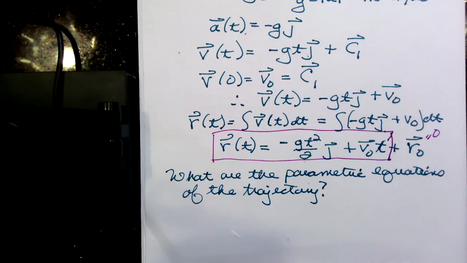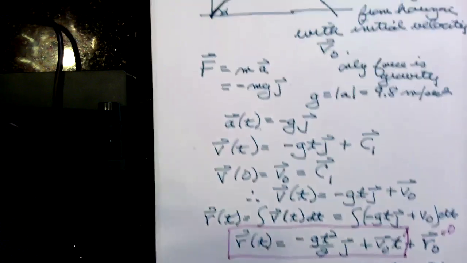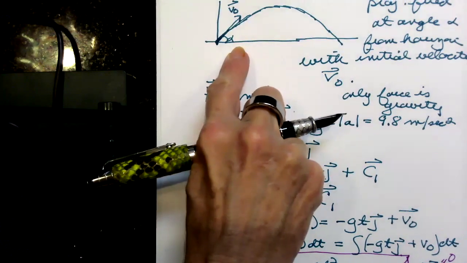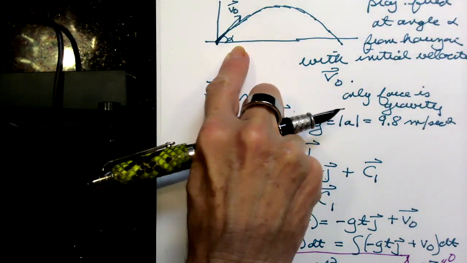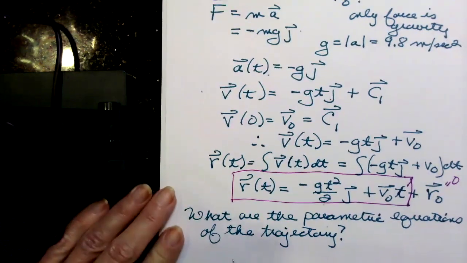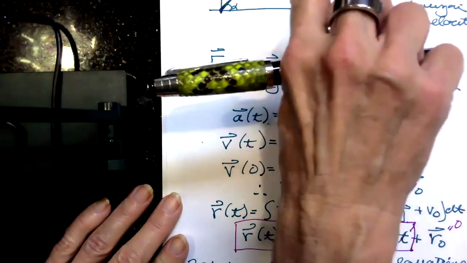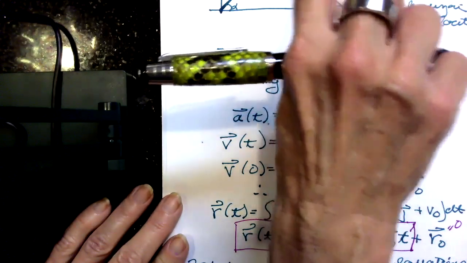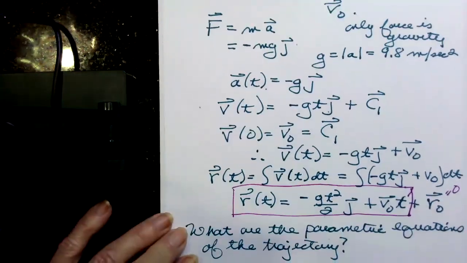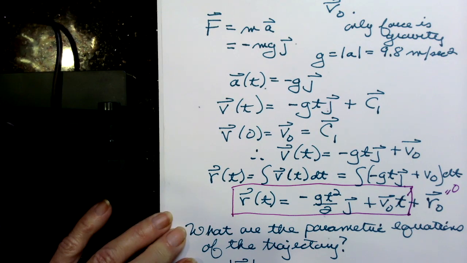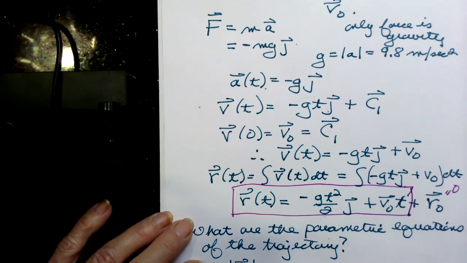All right, so let's think about that for a minute. How can we express v0 in terms of what we're given here? Well, it's set off with an initial velocity vector, but you're told what the initial speed is. It's going up, so it's positive. So v0, the speed, is given.